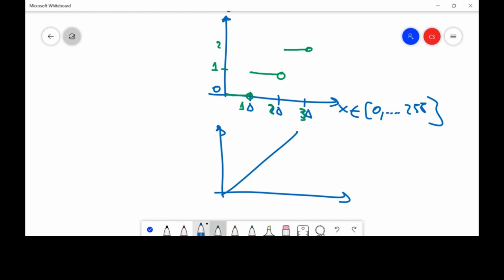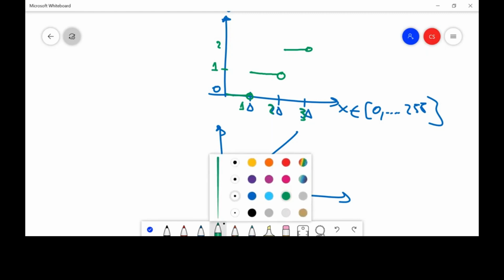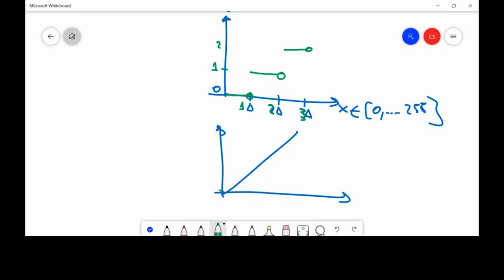What I'm doing by discretizing it is approximating this line by some steps. And the size of the step is delta. Actually, it is delta in both directions. It's delta there and delta there.